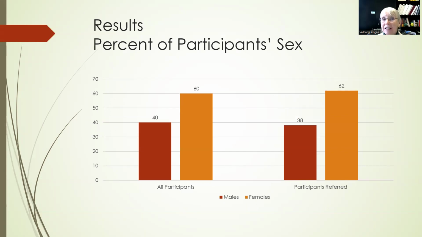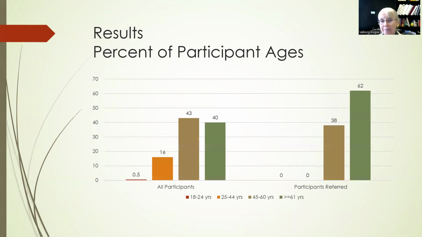When we looked at the participants, approximately 40% were males and 60% were females. And then for the participants who were referred, approximately 38% were males and approximately 62% were female. As Jacobi mentioned, we did have some participants who self-referred.